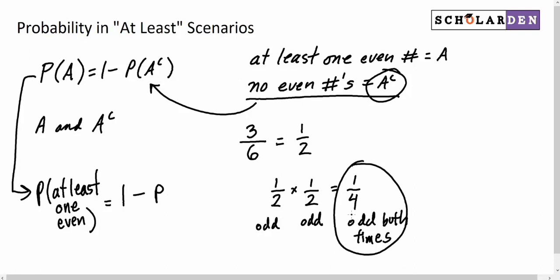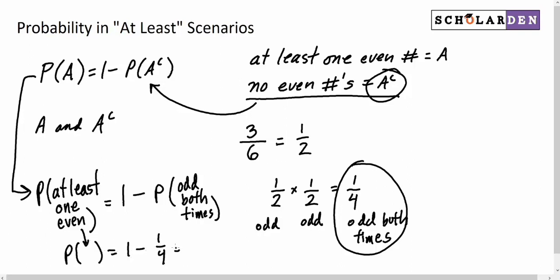So 1/4. I'll do the words first. So what we're looking for, this probability, is 1 minus 1/4, or 3/4.